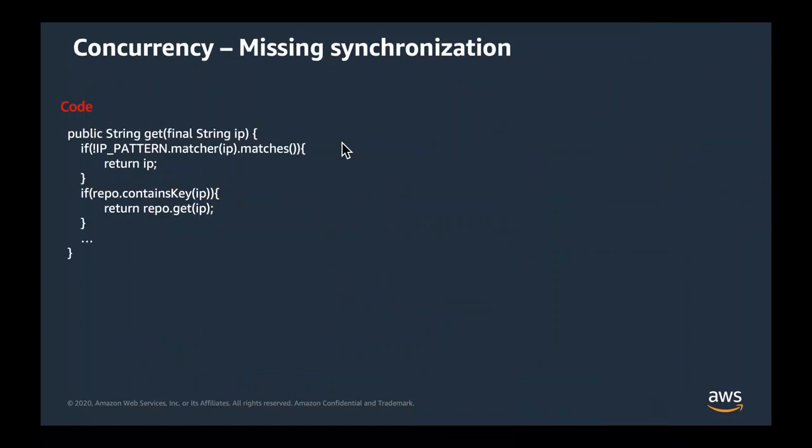I just want to spend a few minutes giving you a sense of some of the kinds of recommendations that Code Guru Reviewer can provide today. Here's an example where a developer may be using a concurrent hash map. Suppose repo is a concurrent hash map. In the second if statement, I ask if it contains a key IP, and if so, get that key.